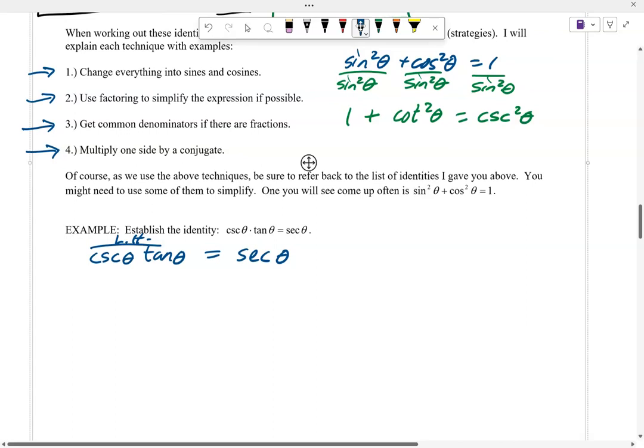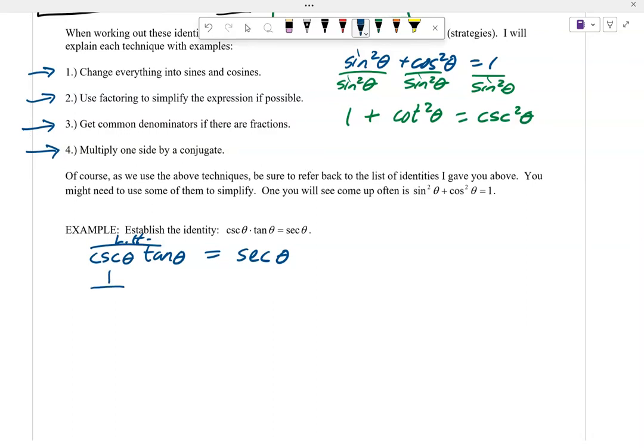So we know cosecant is the reciprocal to sine, right? So that's 1 over the sine. We know tangent is the sine over the cosine. And again, we're just working with this left-hand side. You're working with the more complicated side. Notice how the sines cancel. And so we're just left with 1 over cosine.